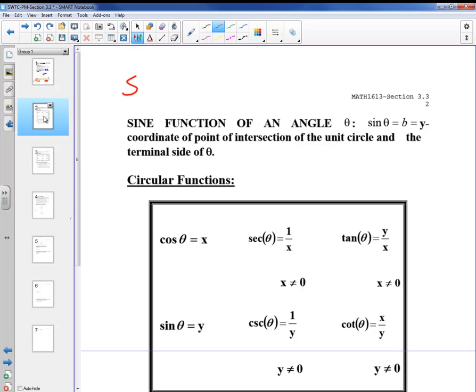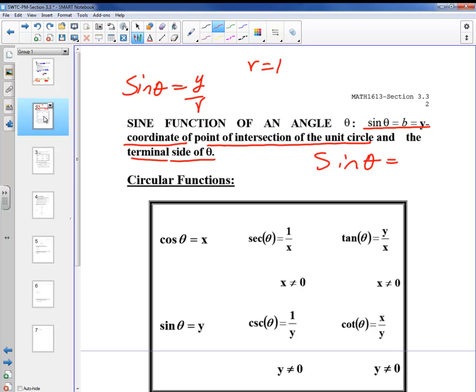We learned that sine of theta is equal to Y over R. But if R equals 1, this is saying that sine of theta is only equal to the Y coordinate of the point of intersection of the unit circle and the terminal side. So sine of theta will be equal to Y, but only if we are looking at circular functions, only if the radius is 1.